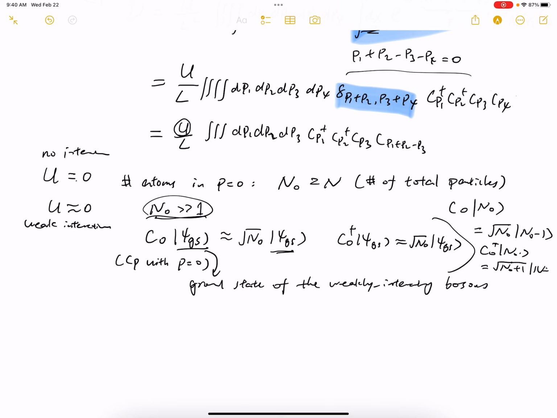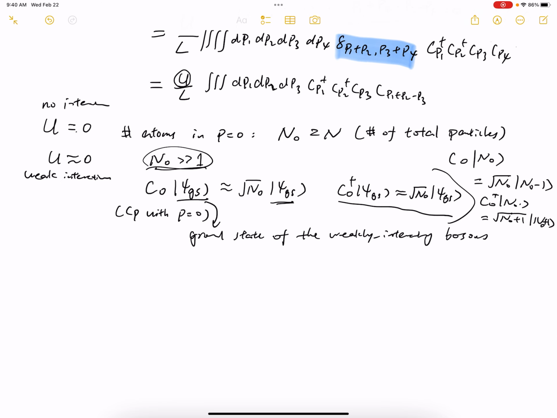That's the usual rule. But here, because n0 and n0 plus 1 are not very different, we're going to just assume that these can be replaced by n0. So it's kind of a weird approximation. But what's going on here is you are going to find that when you apply this annihilation operator for zero momentum on your ground state, you're just going to get a number times that state. That's kind of the idea.